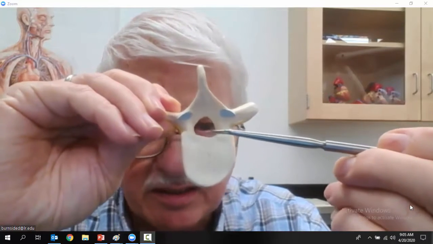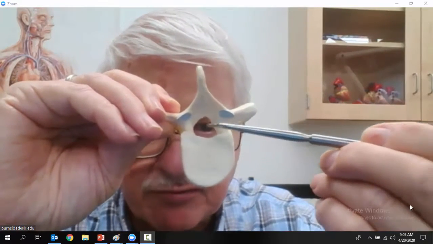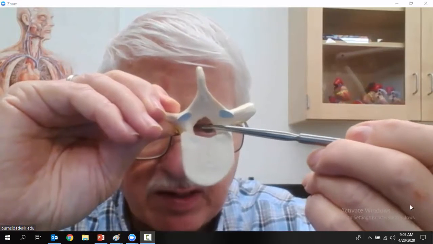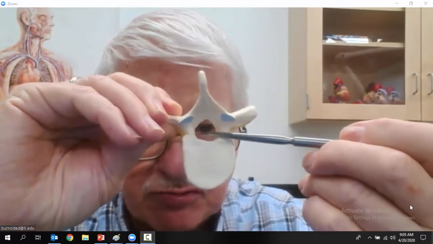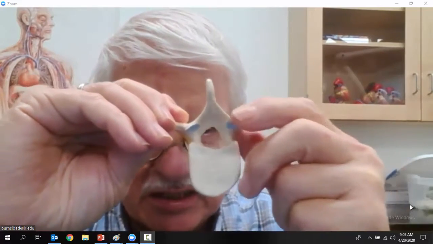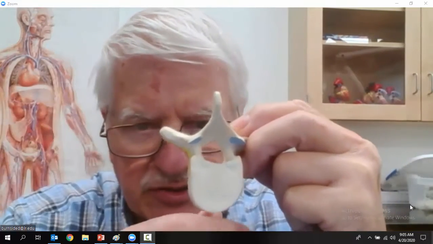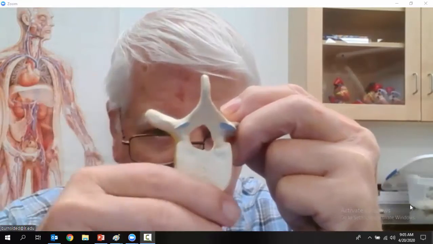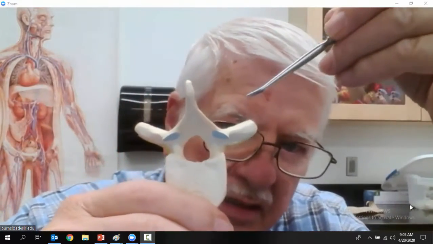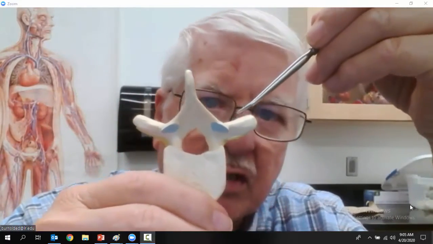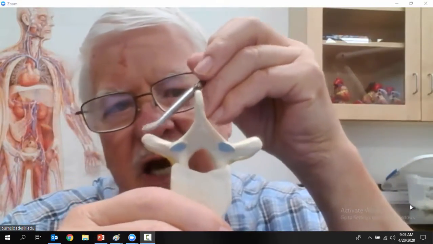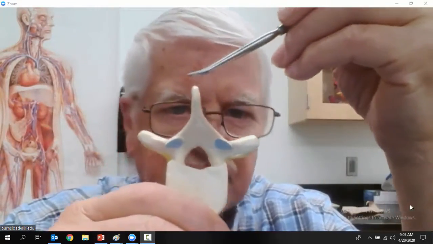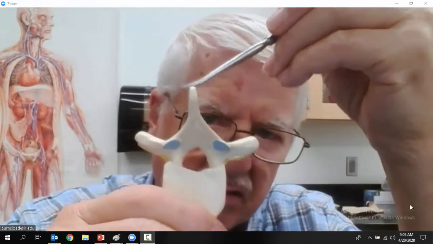Okay. Then, oh, you can see my eyeball right through the vertebral foramen. That's where the spinal cord passes through. Okay. And now you'll see three things that stick out on this vertebra. There's one on this side and one on this side, and then there's one sticking out up here.